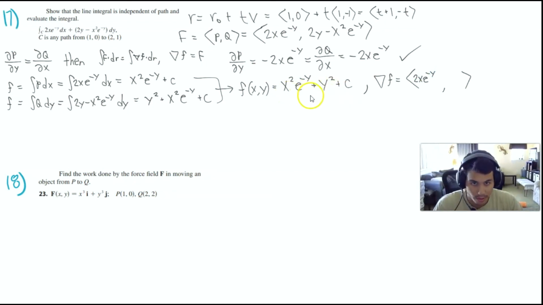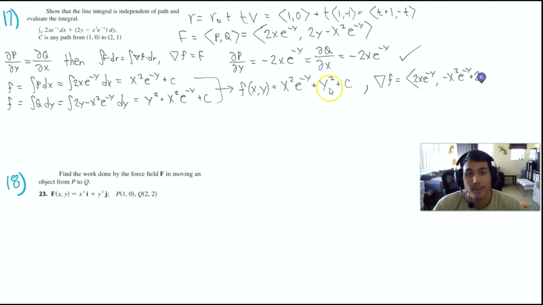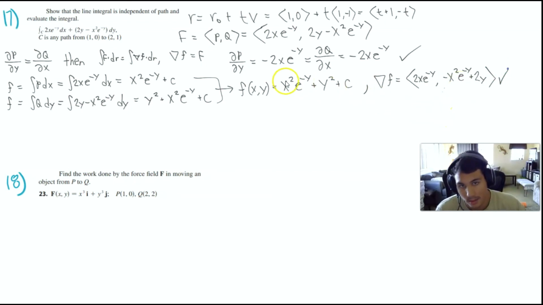This with respect to y, well, I need more space before I even do that. It is negative x squared e to the negative y plus 2y. And that's the same thing as this. It's just reversed order. So, yes, that's good.